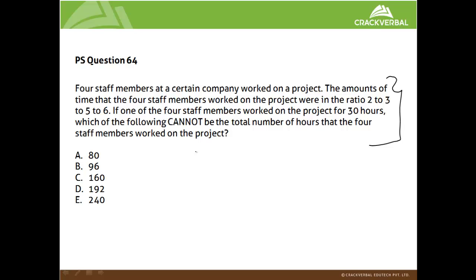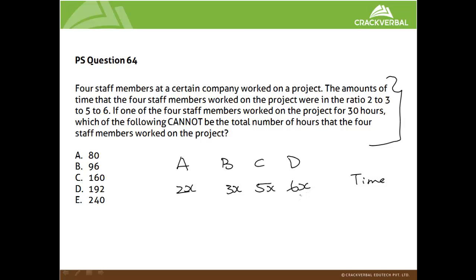Let's call the 4 staff members A, B, C, D. These are ratios, so A would have worked a total time of 2x, 3x is the total time worked by B, 5x is the total time worked by C, and the total time worked by D would be 6x.